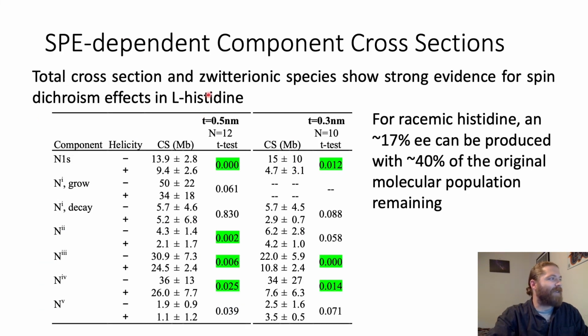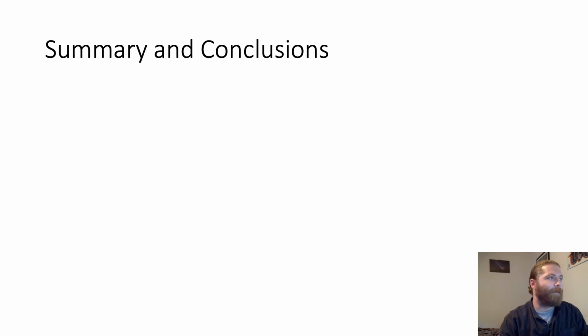And what we see is that, in fact, the total cross-section and the cross-sections for the zwitterionic species show strong evidence of spin dichroism, so that the damage depends on the electron helicity for these L-histidine molecules. If we assume that the reverse is true for the D-histidine molecules, which can be expected from previous measurements, we get that if we had a racemic mixture of L-histidine on the surface, we would actually produce a 17% enantiomeric excess when only 40% of the original molecular population remains. So these are pretty strong effects of this spin dichroism that we're showing here.